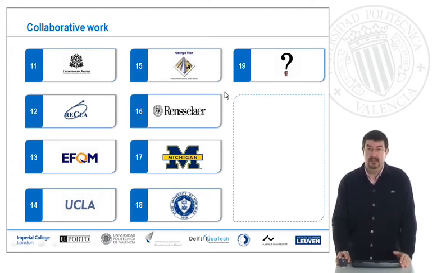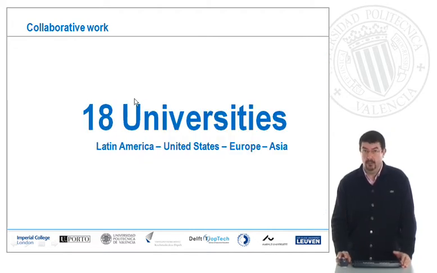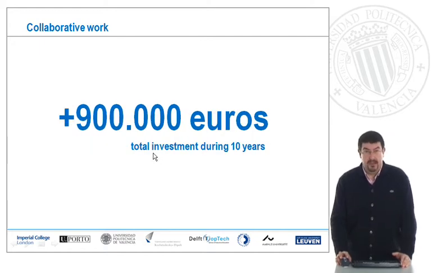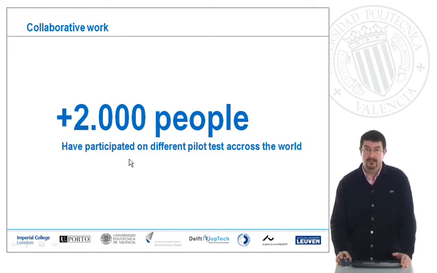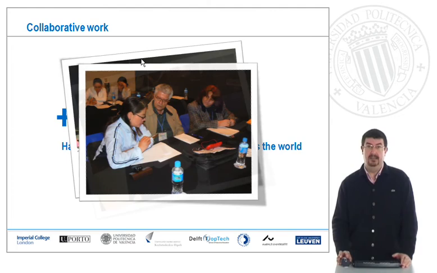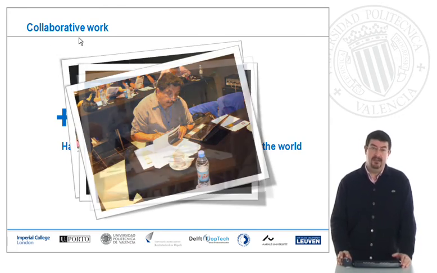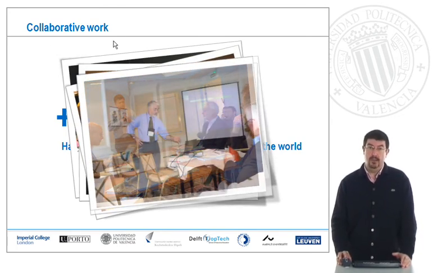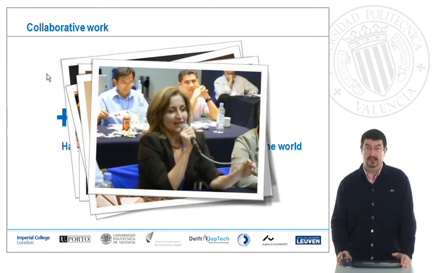And what we are doing under this umbrella is to invite more institutions to get inside the group, from Asia, United States, Latin America and Europe, to improve the results of the different processes we have developed. We received more than 9,100 euros to develop the activity, and more than 2,000 persons have used in different activities the tools we have developed under the umbrella of the Alpha, of the DAETE, of the UNI-QM and the DAETE 2 project approach.